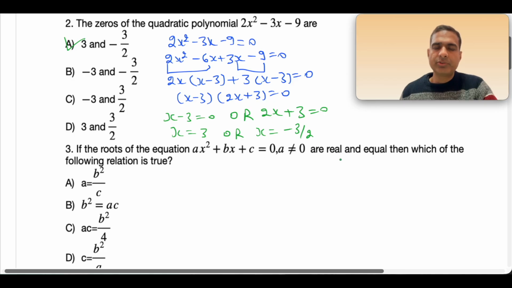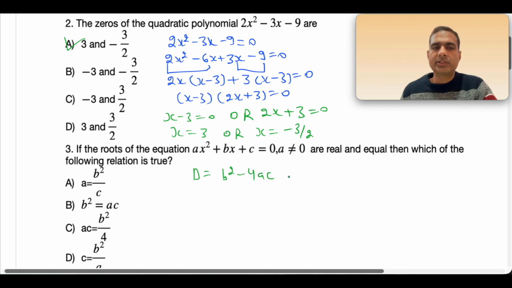So if the roots of the equation are real and equal, so we know the nature of roots is found out by discriminant, and we know what is discriminant. Discriminant D is b square minus 4ac.